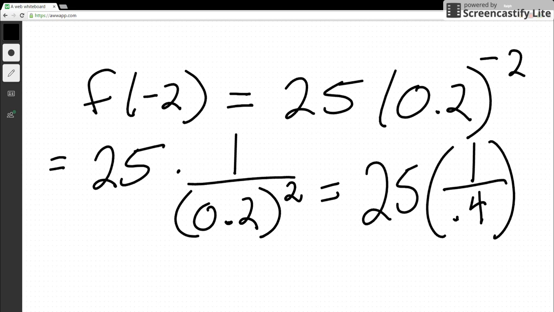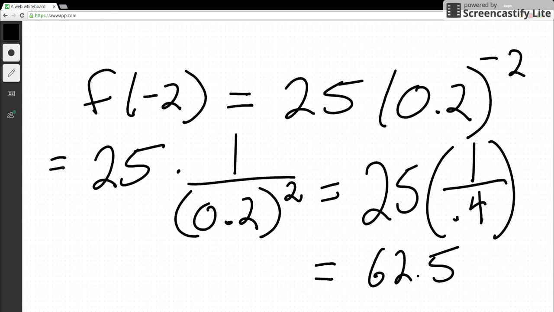Then I'll do 1 divided by 0.04. That's 25 times 25, and that equals 625. And then I would just do that for all the other inputs. Just plug them in and work them out. You can do a lot of that on a calculator.